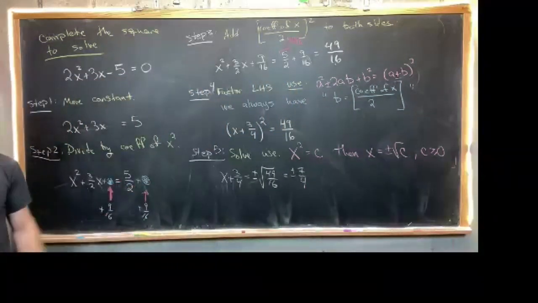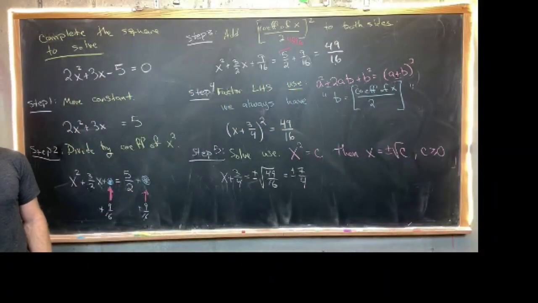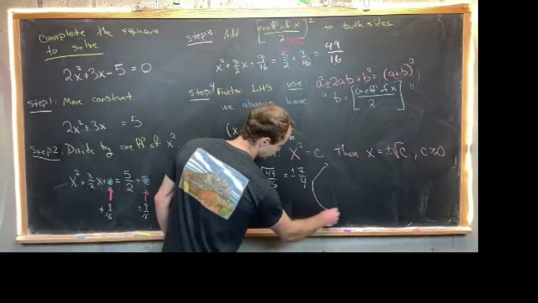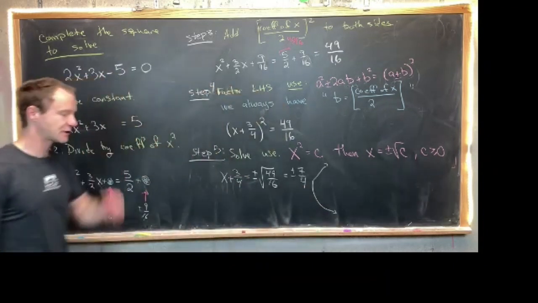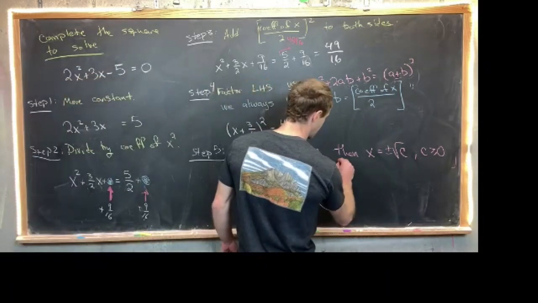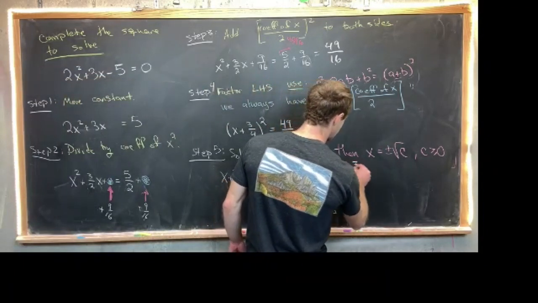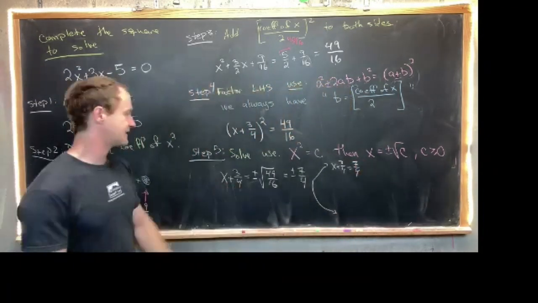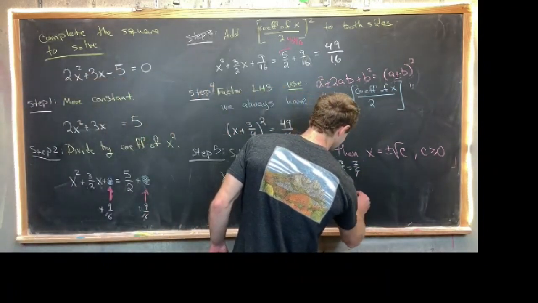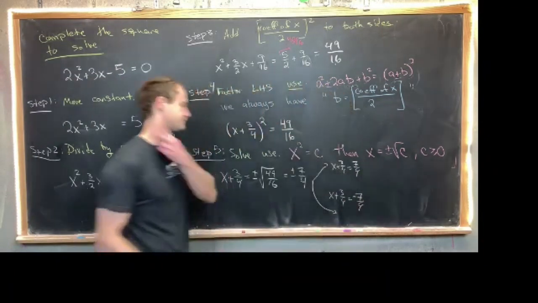Now, I would say the thing to do right now is to break this up into 2 cases. One with the positive square root and one with the negative square root. So the positive square root will give you x plus 3/4 equals 7 over 4. And the negative square root will give you x plus 3/4 equals negative 7 over 4.